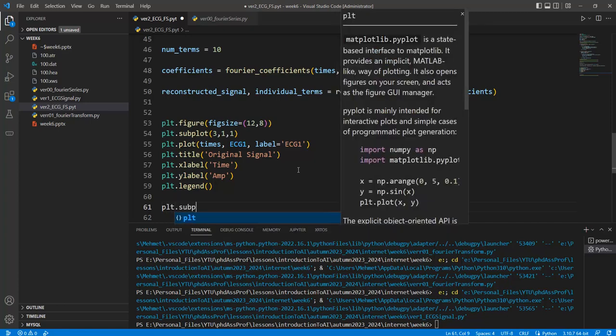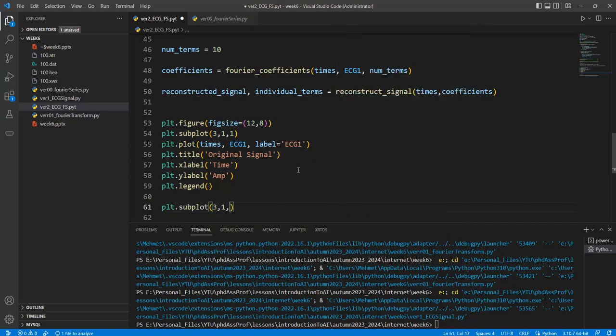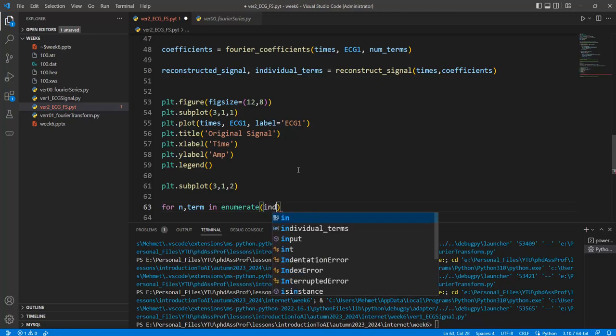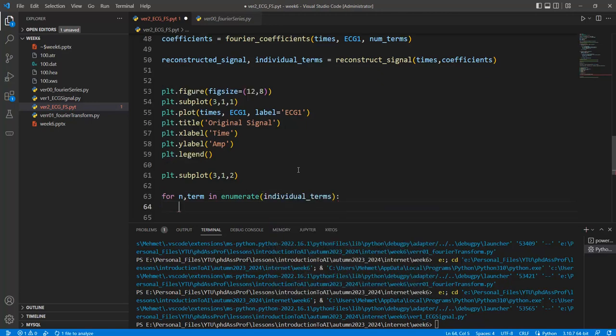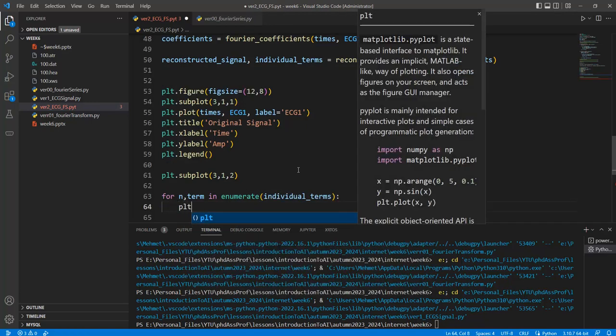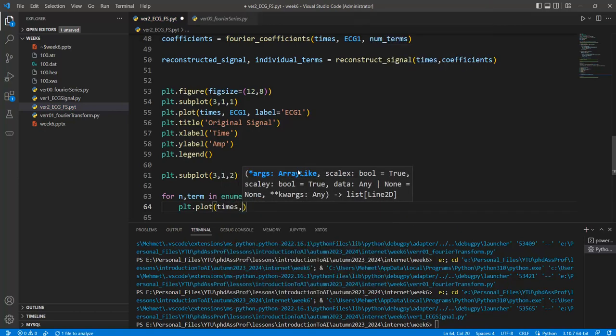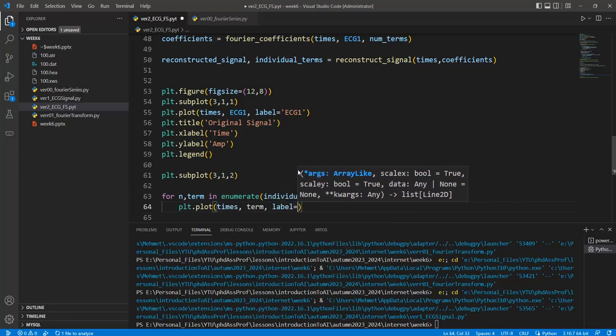In the second case, we can create the plt subplot 312, and for n, term in enumerate with the individual terms, like this one, plt plot with the times, term, and label to f term n plus 1.